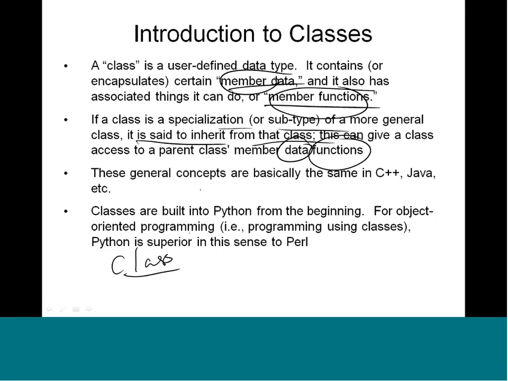First one is class. As we saw, it's a user defined data type. The class will have some member functions and member data.